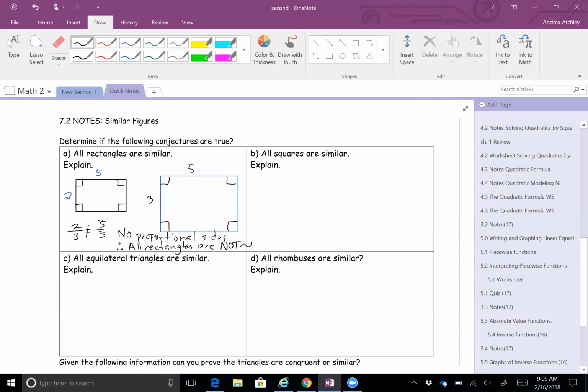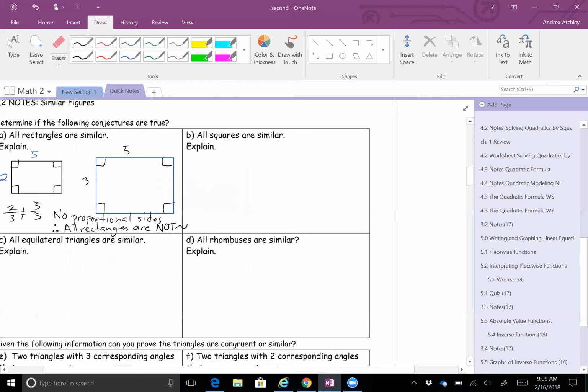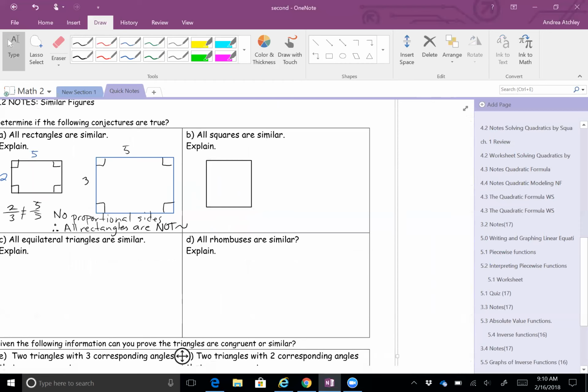Okay, we do the same thing with a square. So everybody draw a square. Okay, how do I know a square is a square?